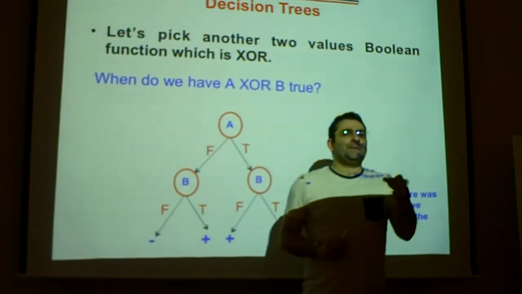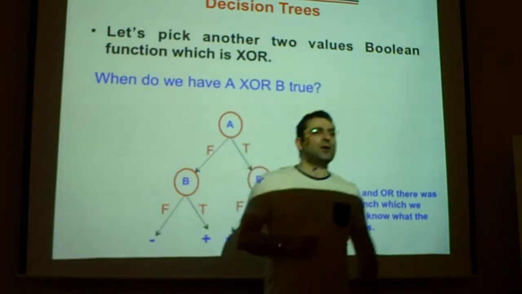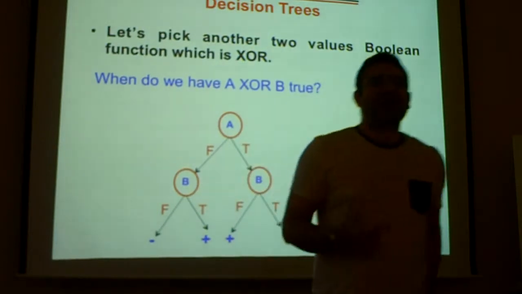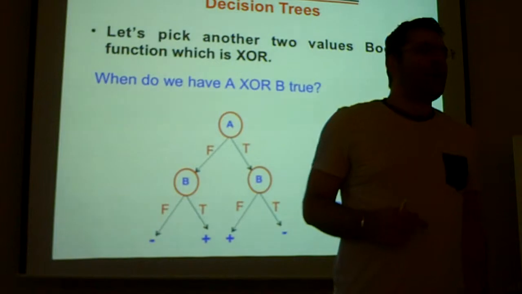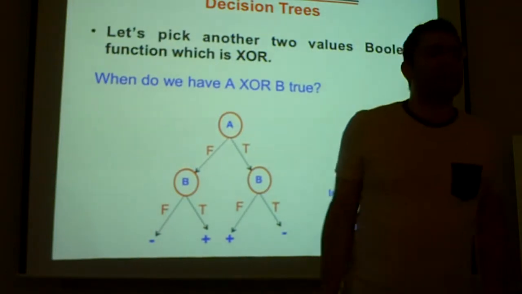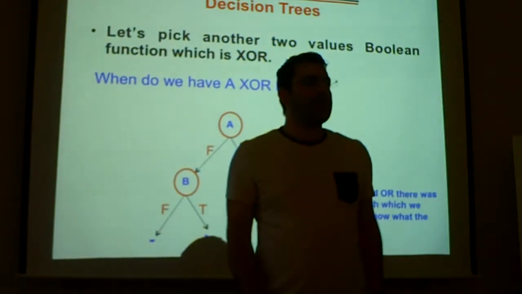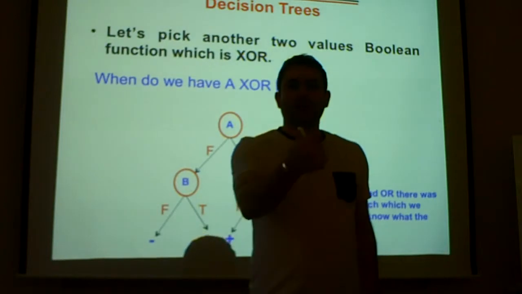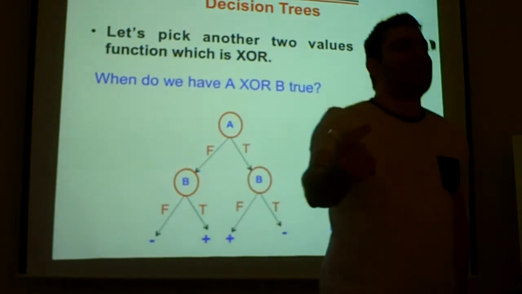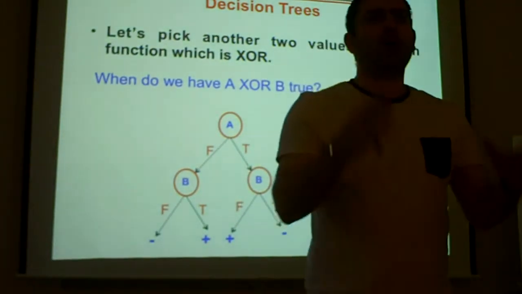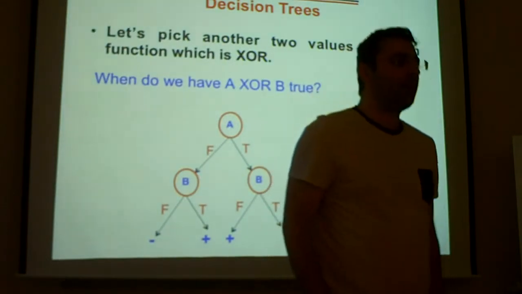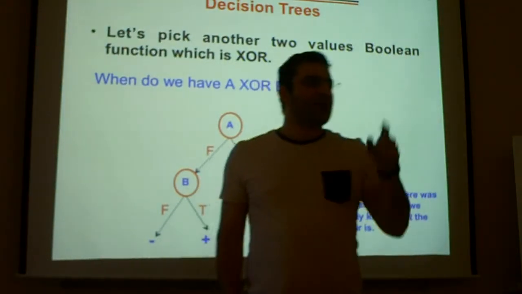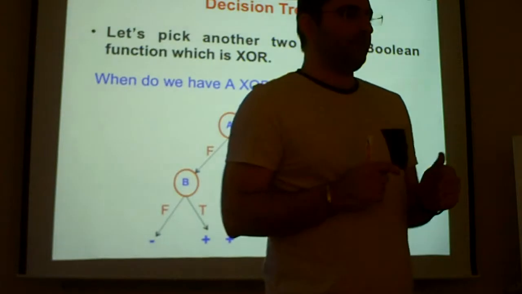In daily life, in English, we use the word or quite a lot, right? Do you use XOR when you are talking? I think our normal OR is XOR. We don't say XOR, but our OR is basically XOR. Do you want to eat chicken or fish?